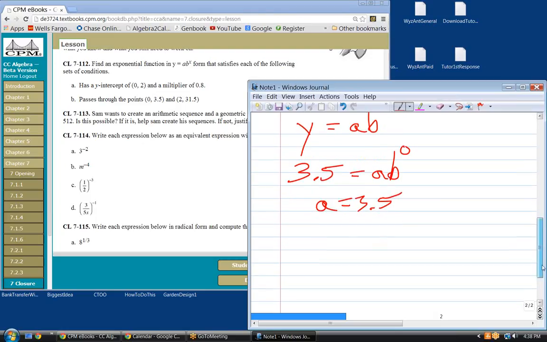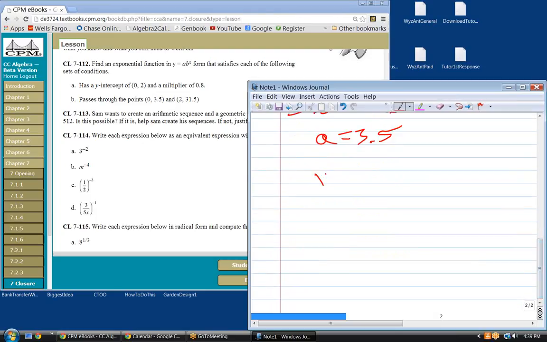And now, in other words, we have this much of the equation now, but we still don't know what b is. But this second point will allow us to solve for b. How? Well, by plugging in the x and the y coordinate.